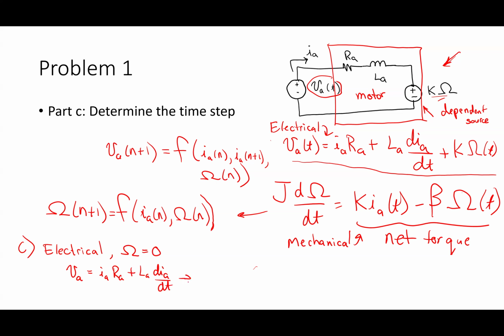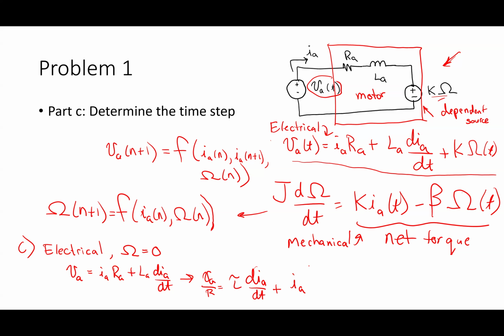What I ask you to do is to figure out the time constant for this particular circuit, right? So if I turn this into my standard form, I would say VA over R equals tau dIA by dt plus IA.